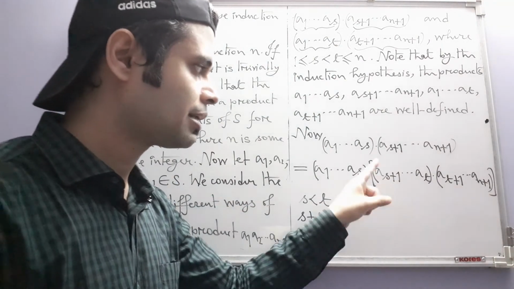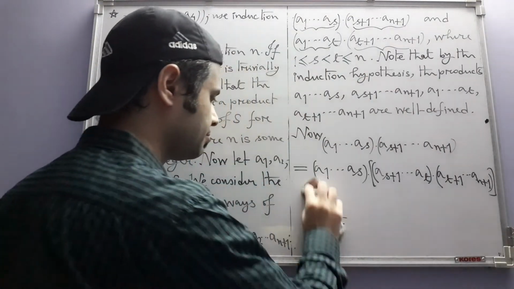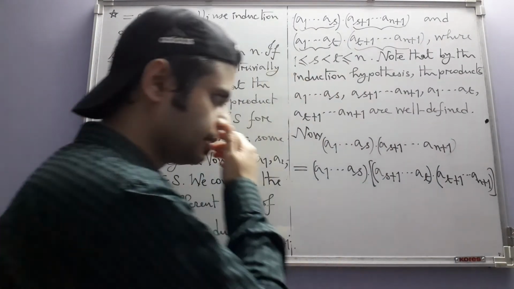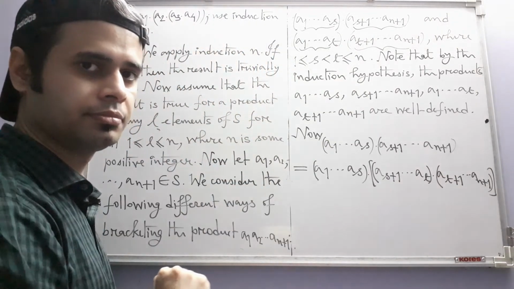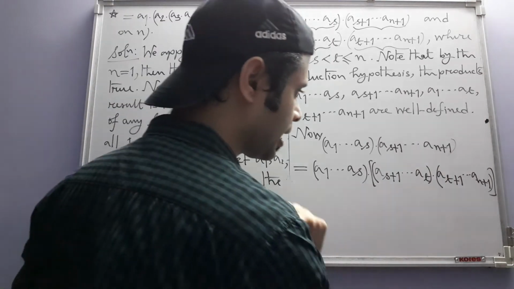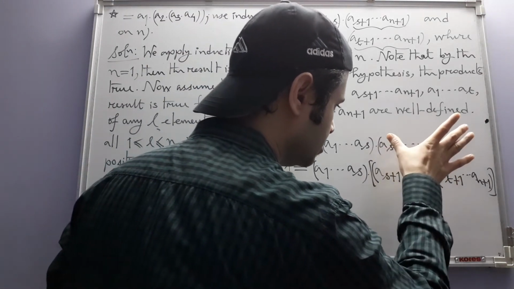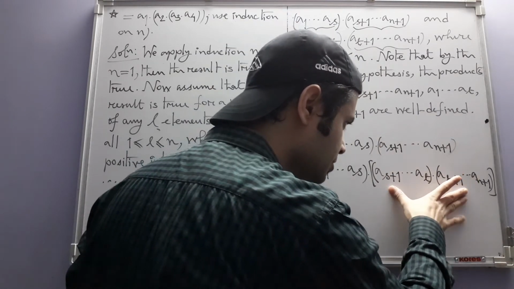Now what have we done here? Whatever we have done, is it justified? Let us see. We are right in writing t here in between somewhere. There is no problem with that. However, note that this product has now been written in this way.